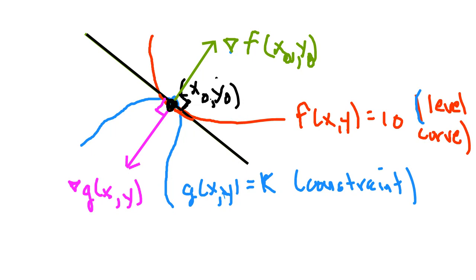And this purple gradient vector is the gradient of g at x sub 0, y sub 0. Okay, so hopefully this is good so far.